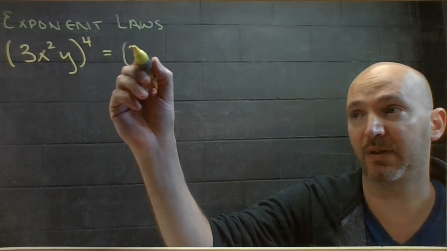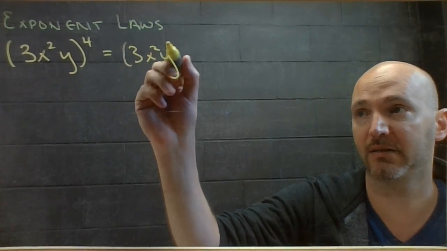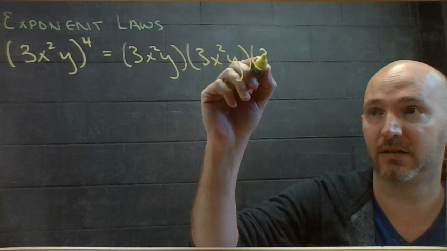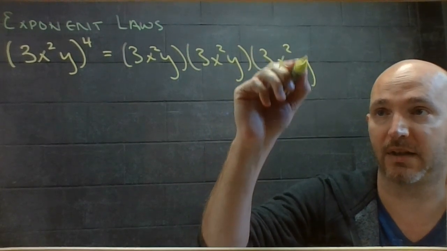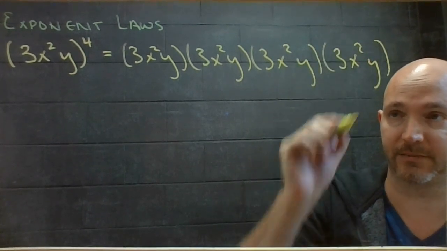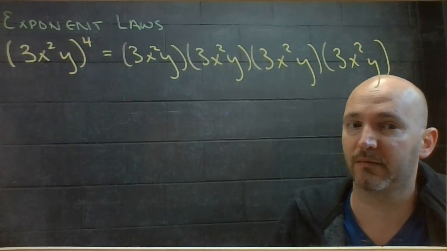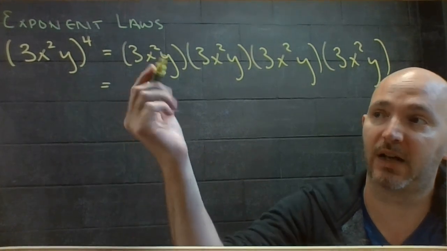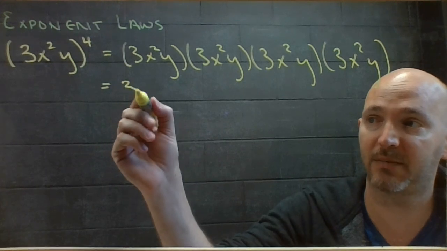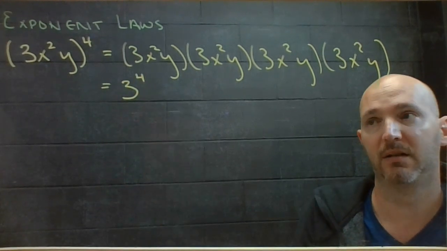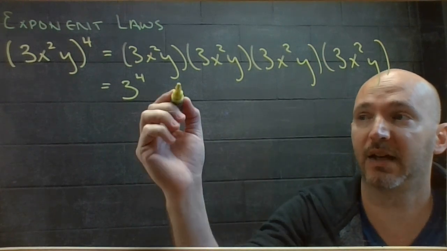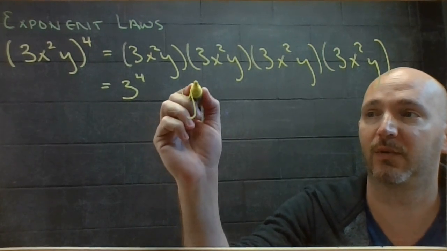So 3x squared y, 3x squared y, 3x squared y, and 3x squared y. Okay, so I see a 3 times a 3 times a 3 times a 3. That's 3 to the power 4. And I see y times y times y times y. That's y to the 4.